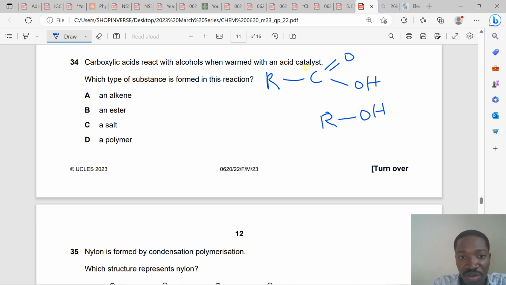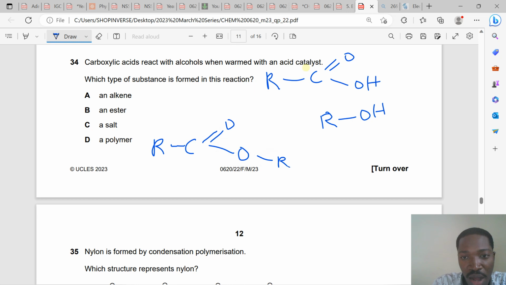What will be formed? We should be having the alkyl or R group, R, C, O, O, R. Let me put a distinction here, then put a prime here.